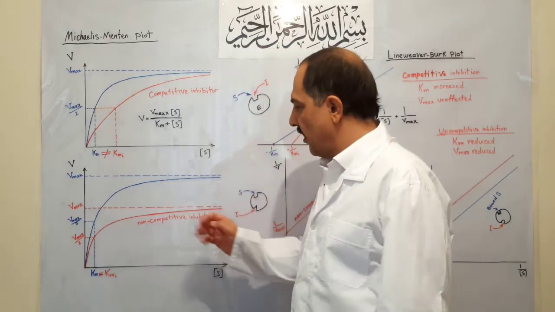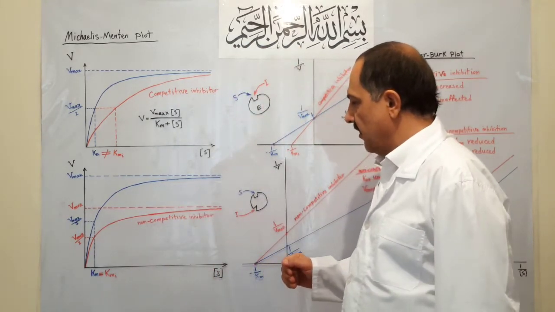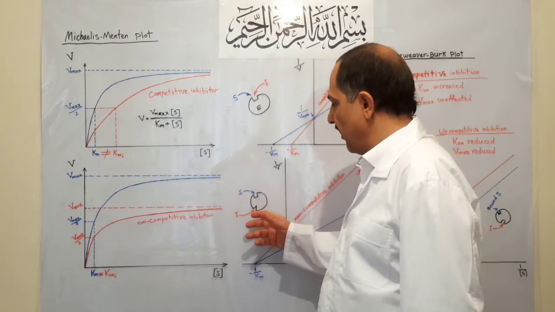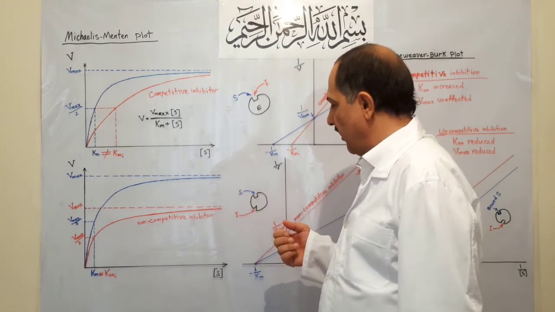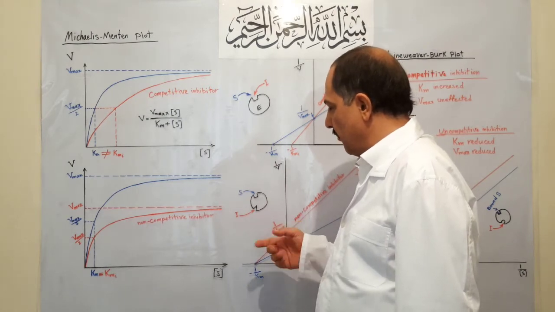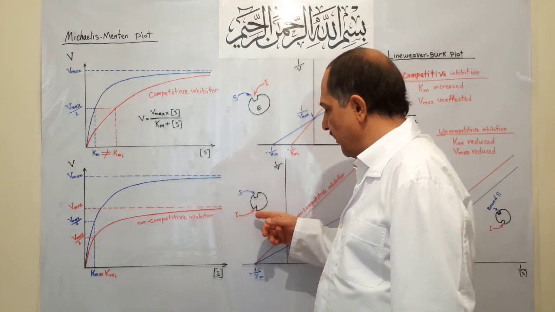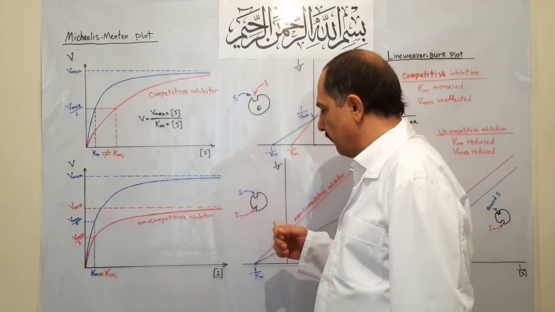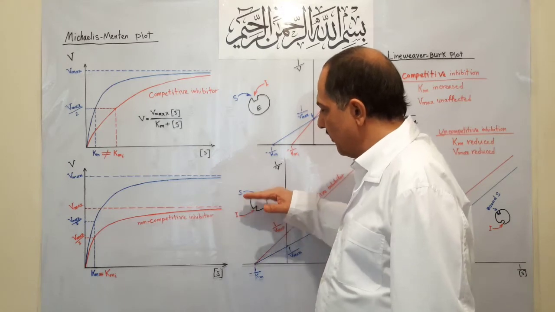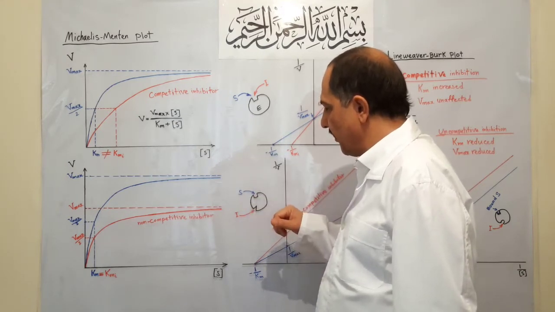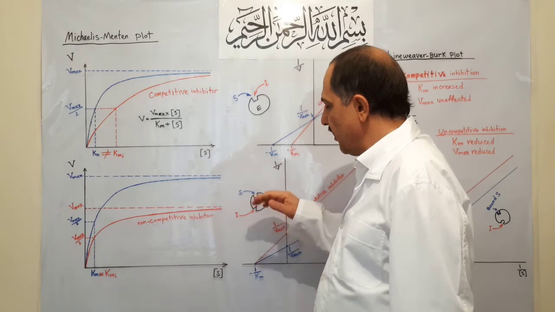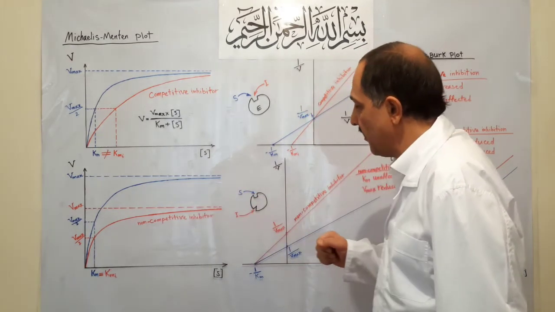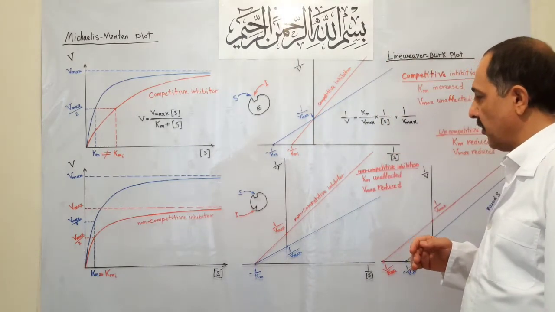In non-competitive inhibition, the inhibitor does not have a similar structure to that of substrate molecule. Also, the inhibitor has a different site of action than that of substrate molecule. So, by increasing the concentration of substrate, the inhibition is not decreased. Please pay attention to respective Michaelis-Menten and Lineweaver-Burk plots.